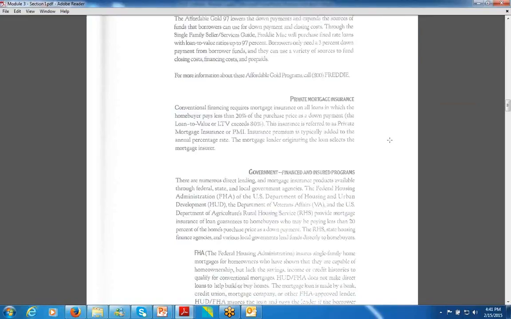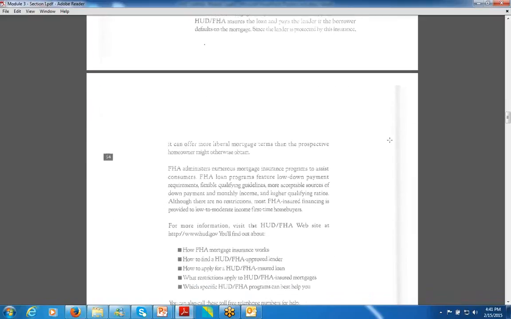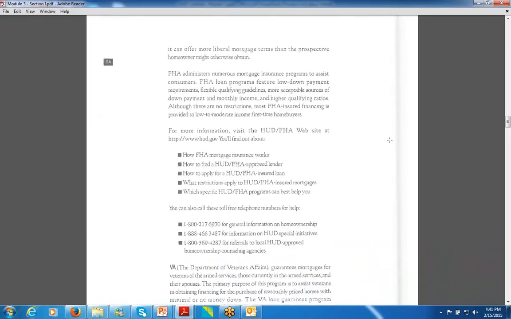And then you've got government financed and insured programs, FHA, a part of HUD we talked about, and we're going to talk some more about how these features work, how mortgage insurance works, which we just talked about a little bit, and how to find an approved lender. And as it points out here, on the HUD website, hud.gov, you can find lots of information about the process, about who the lenders are, about your qualification and application, which we will cover, restrictions, which we'll cover.